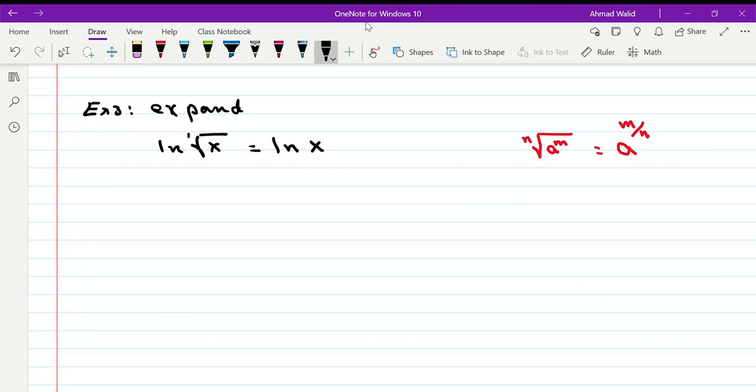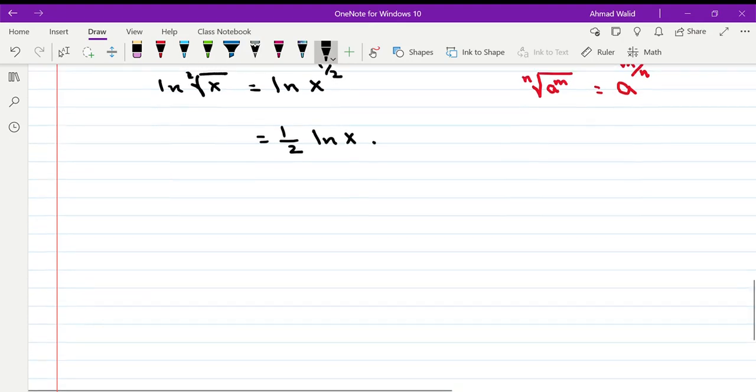Here you see your index is 2, and the power of x is 1. Then I can write here ln of x to the power of 1/2. Now, power rule, bring the exponent to the front. You can write it as 1/2 ln x, final answer. Correct?